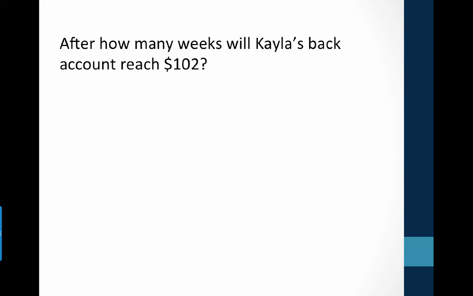After how many weeks will Kayla's bank account reach $102? Now, remember, how much she had in her account was on the vertical axis, so that's my y value. So here I'm going to plug in 102 for the y value.